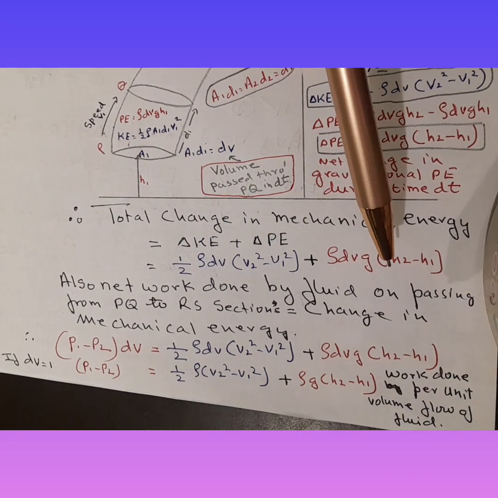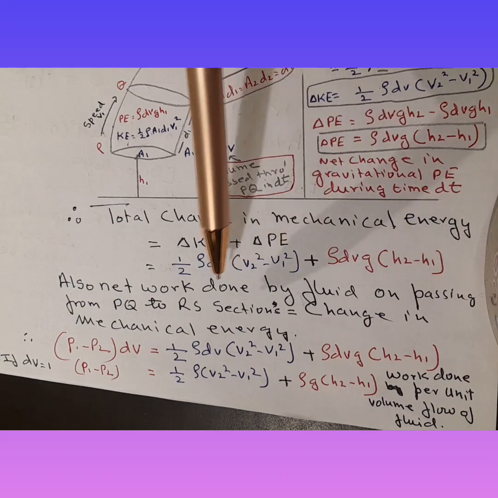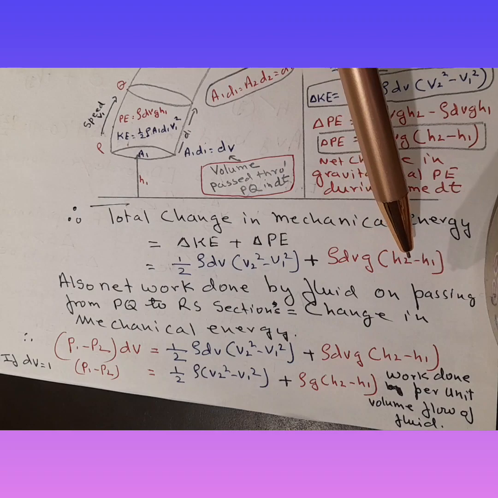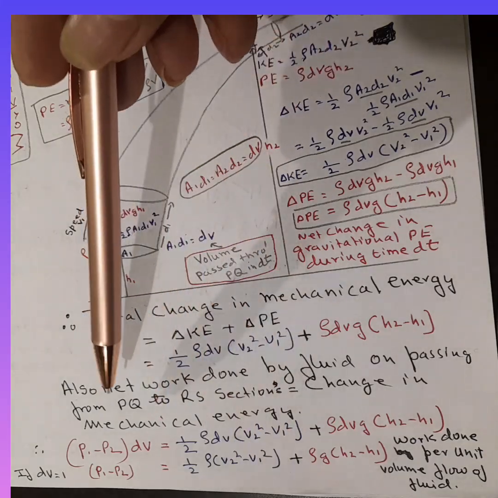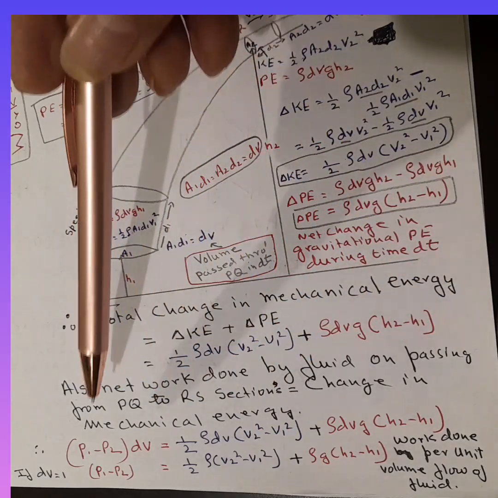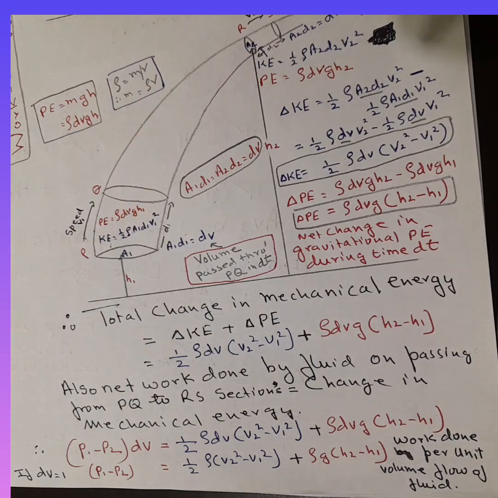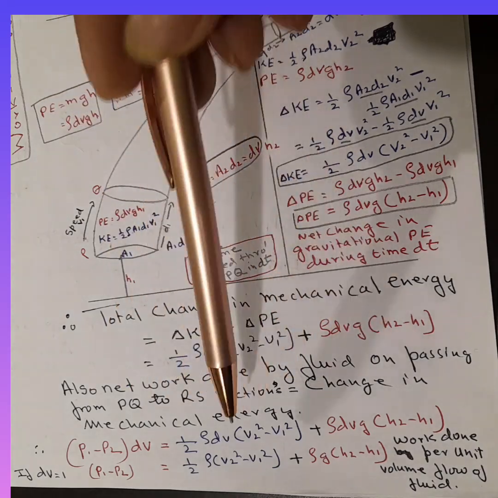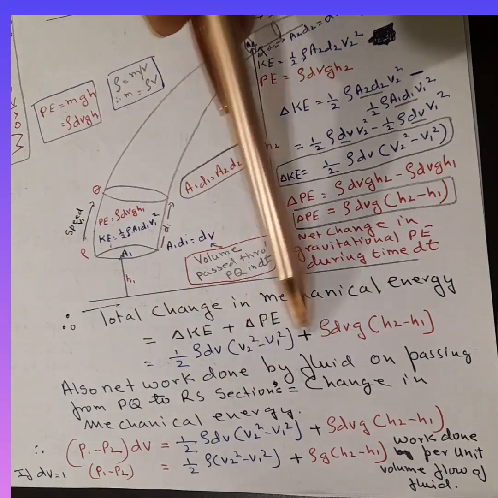Just for clarification, I have written this in red and this in blue. So this is change in kinetic energy plus change in potential energy. Also, net work done by fluid on passing from PQ to RS section is equal to change in mechanical energy.